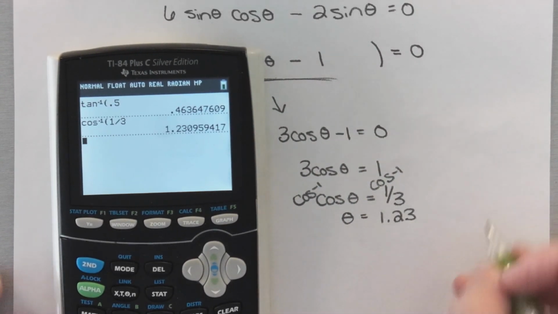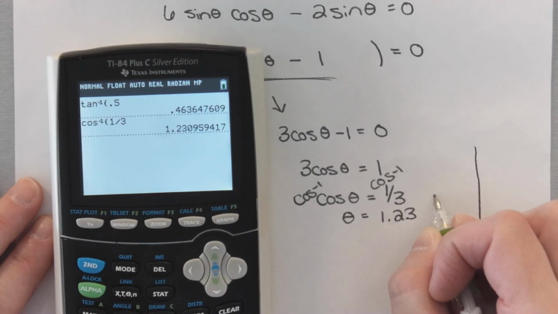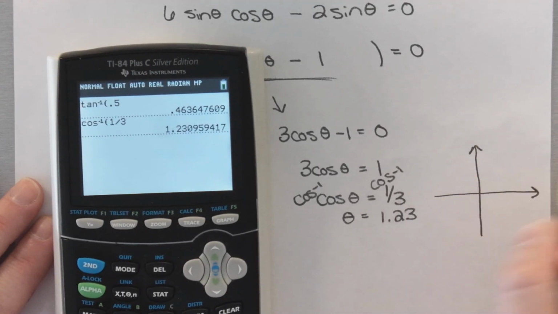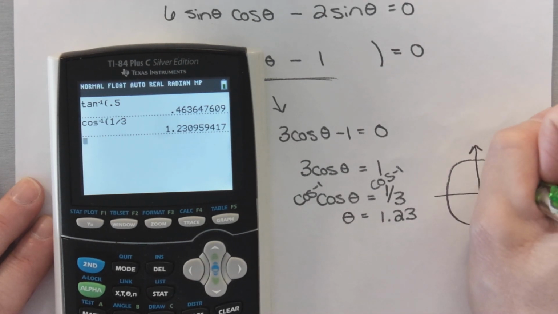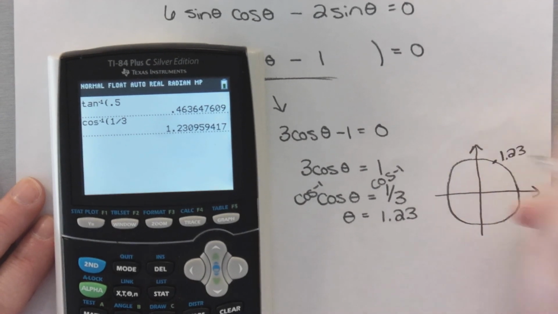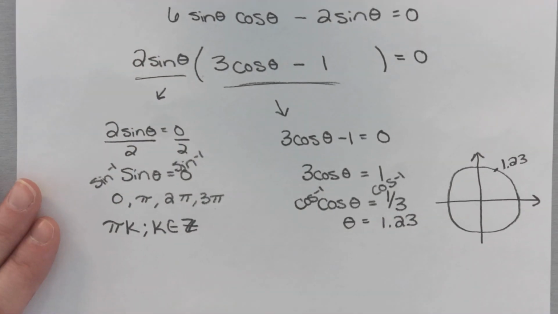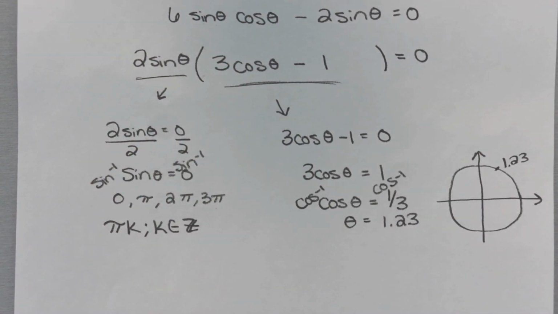1.23. Now, before we throw that down as our answer, I want to remind you of something. If 1.23 is a solution, it lives here-ish. What do we know about those sister solutions? There should be another one. The calculator is only going to give me one solution.